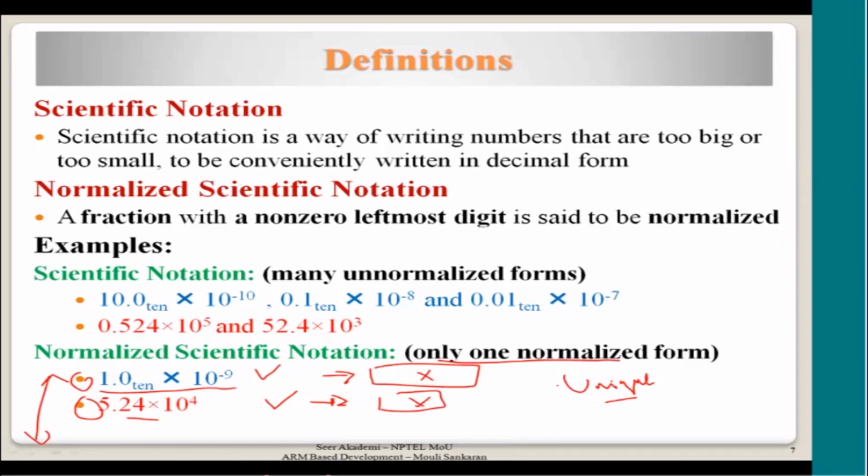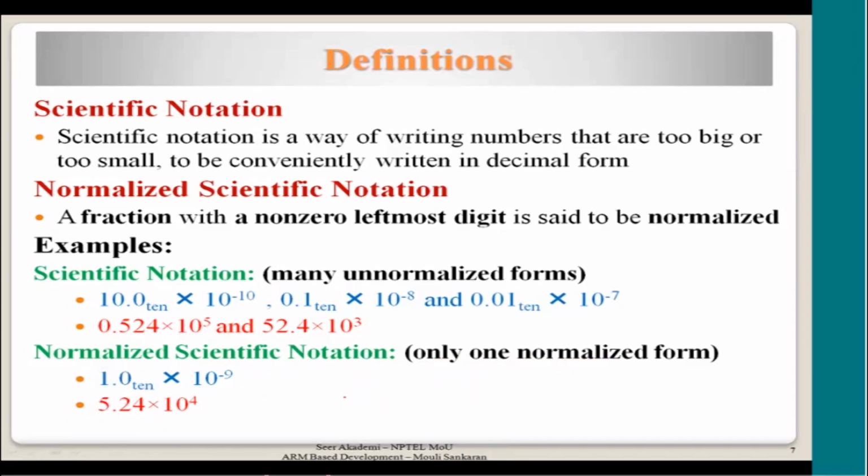So what is the advantage we get? We get a unique representation using the normalized notation. In a digital world, we need unique numbers, and there should be no confusion between two forms. If the same value is represented in two forms, we are leading into confusion, right?